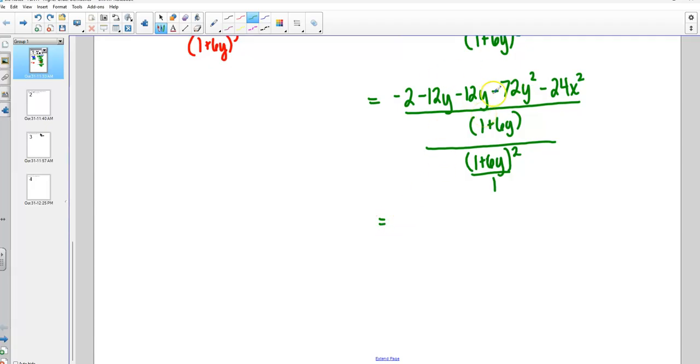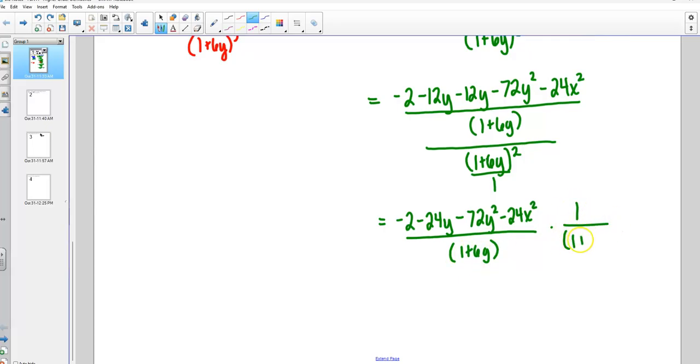While I do that, I'm going to go ahead and put some stuff together in that numerator. So I'll have negative 2 minus 24y minus, good gracious, 96. No, I can't put those together because one is a y squared and one is an x squared. So minus 72y squared minus 24x squared over 1 plus 6y. If you skip this and do that part in your head, that's okay, because those will just combine. They might factor out a negative 2.